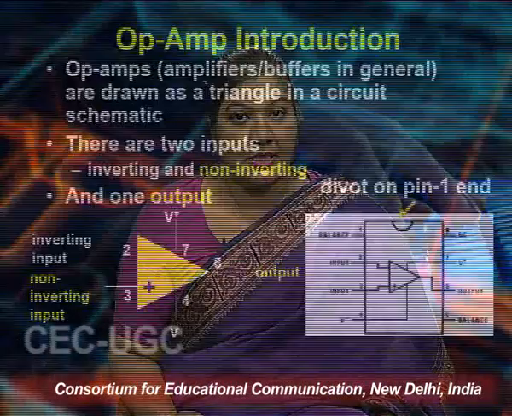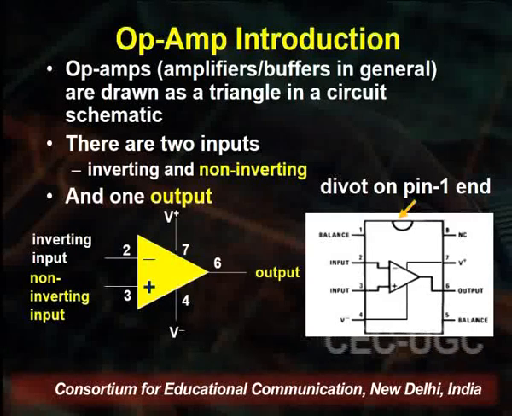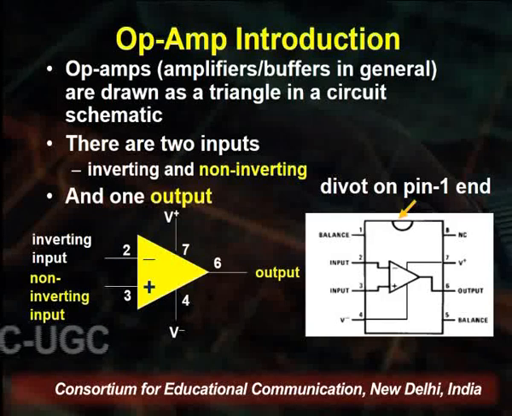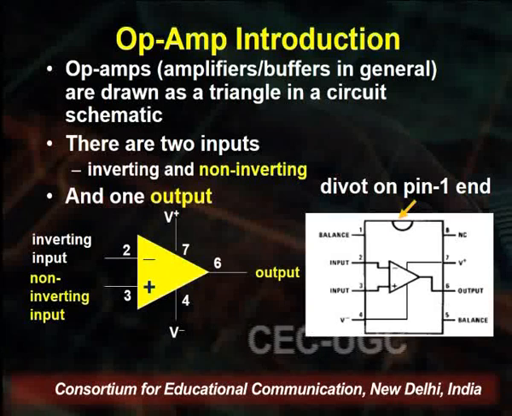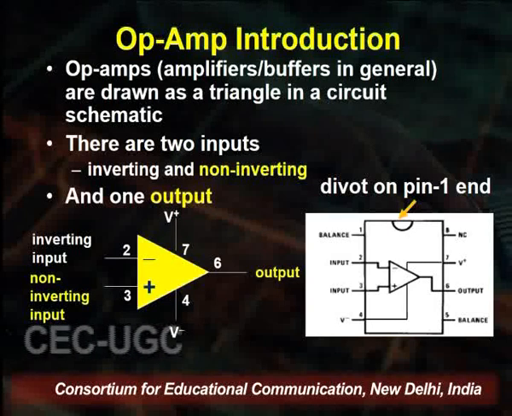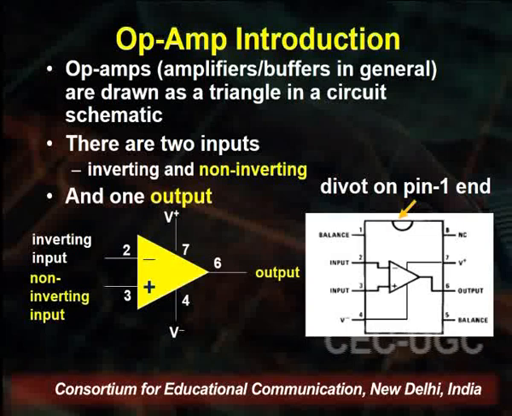And now, a different type of amplifier we have is the op-amp. You see on the screen the op-amp diagram, and it is represented by this. An op-amp, or amplifiers and buffers in general, are drawn as a triangle in the circuit. Schematically we can see there are two types of input, one is inverting and the second is non-inverting, and it has one output.